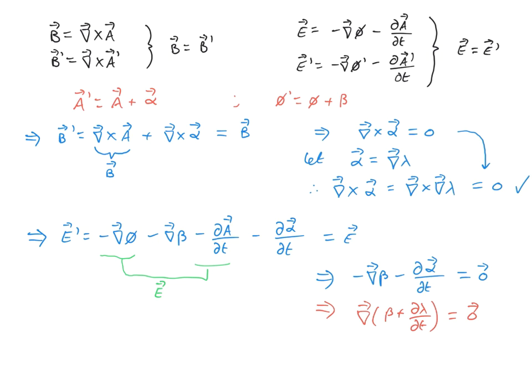So what does this equation mean? The gradient of beta plus d lambda by dt is equal to 0. Well, the gradient, of course, means the spatial derivatives. So if this quantity beta plus d lambda by dt has zero gradient, it means that it does not depend on spatial position.